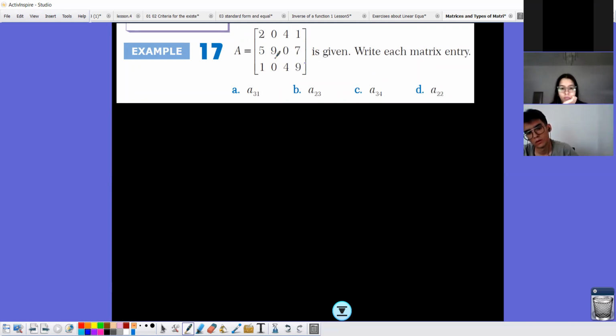This is 3, 4. And what means 1, teacher? The column. This is the first: 2, 5, 1. So what is the intersection? 1. So A31 is 1.